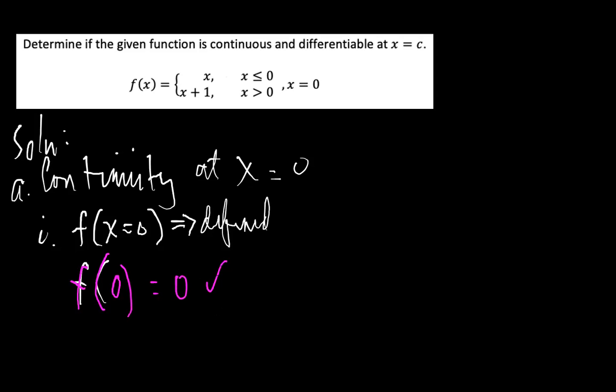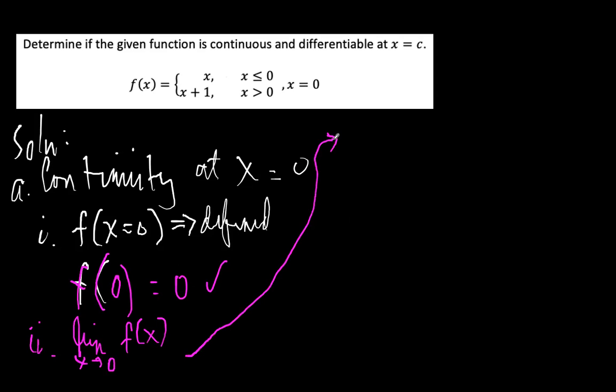Therefore, it is defined since f of 0 is a real number, which is equal to 0. And condition number two, we need to find the limit of f of x as x approaches 0.